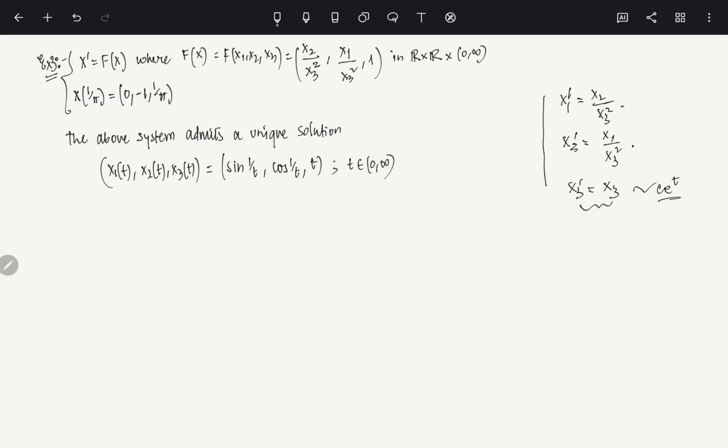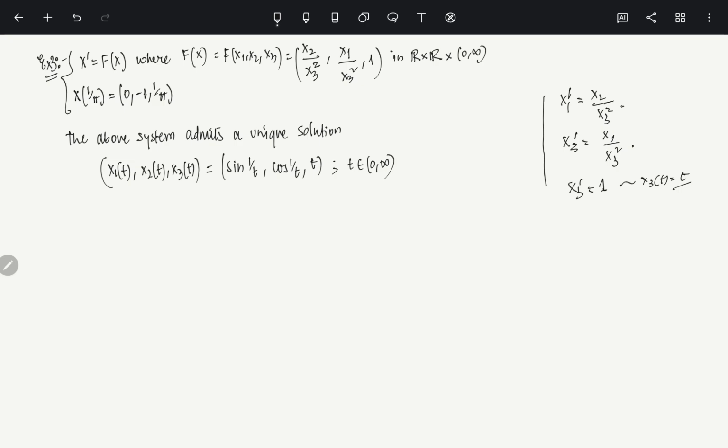Yes, okay, one small mistake I made. You see here, f with respect to the third coordinate x3 is 1, so x3 prime is 1, so the solution x3 of t is going to be t. Okay, now you just put that value. Sorry, I just made a small mistake.